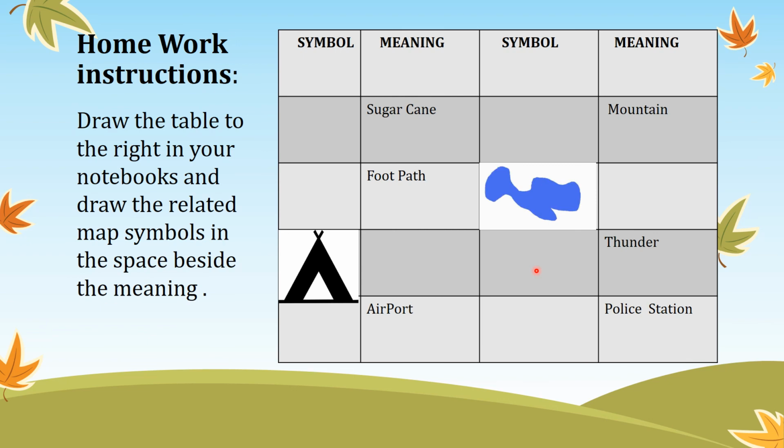I also want you to research for me the 3 types of map scales that are found on a map. Write out the 3 types of map scales as well as what they are called. All right? And you have to place that in your notebooks as well.